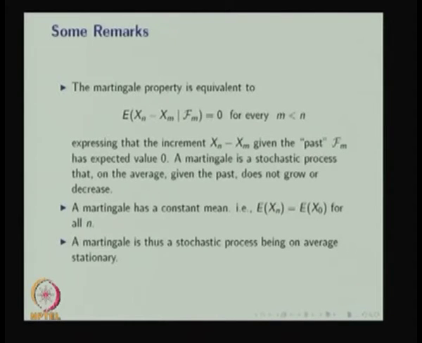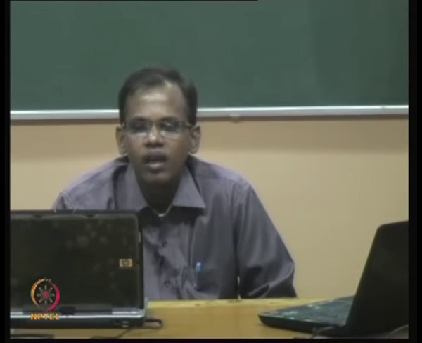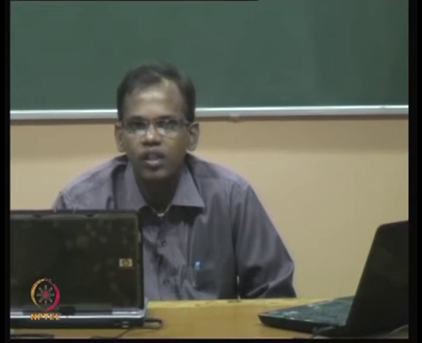Note that the stationarity property can also be given in terms of expectations. In other words, the expectation of X_n is the same as the expectation of X_0 for all n. A Martingale is thus a stochastic process being on average stationary. Average stationary means it has the time invariant property in average or in mean.